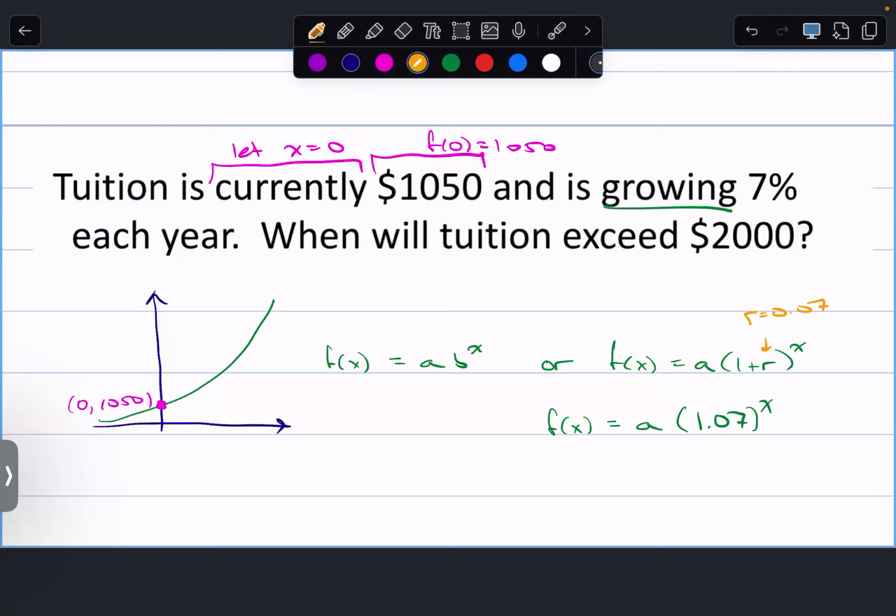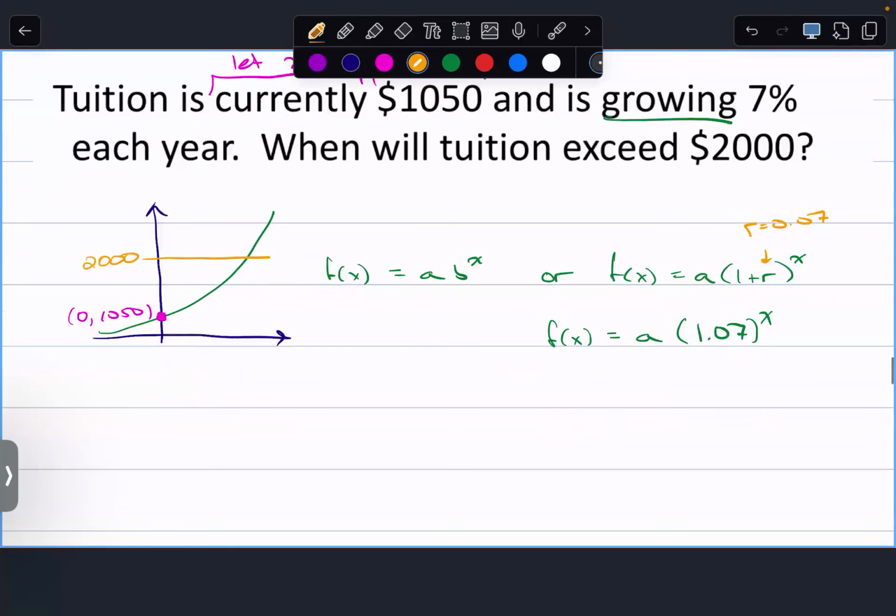We want to know at what point it's going to exceed 2000. At some point, this is going to be 2000, and after that point of x, it's going to be more than 2000. So what we need to do is find a, and then we have a perfectly reasonable exponential function.